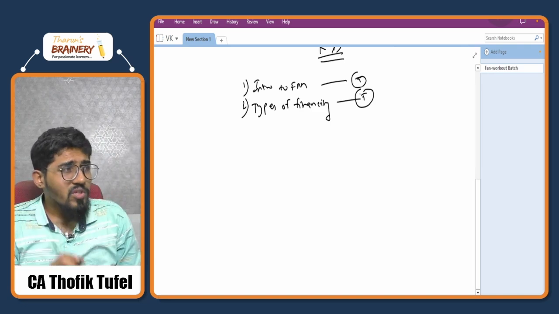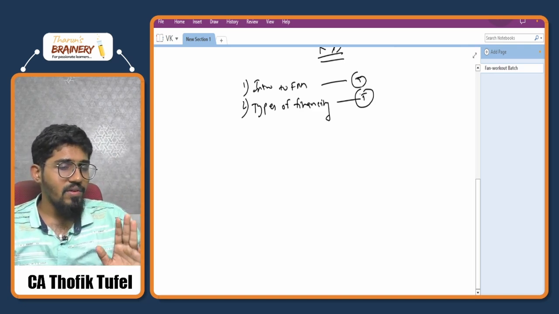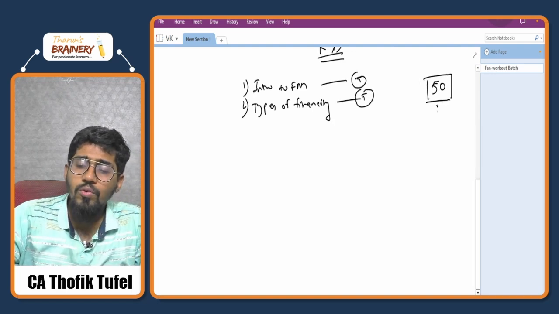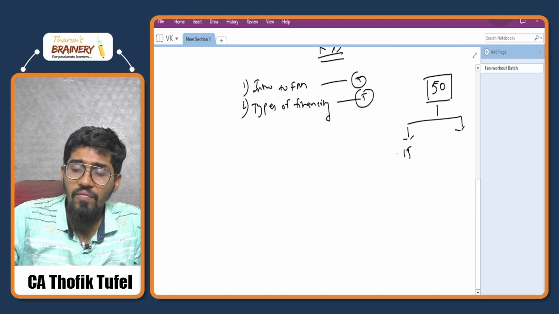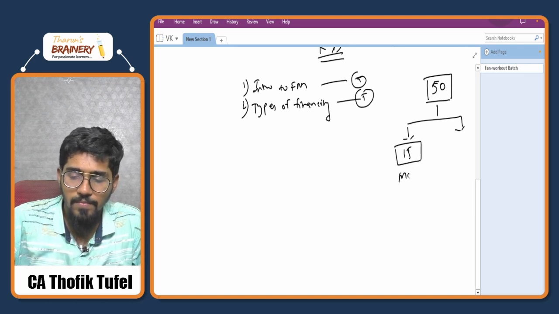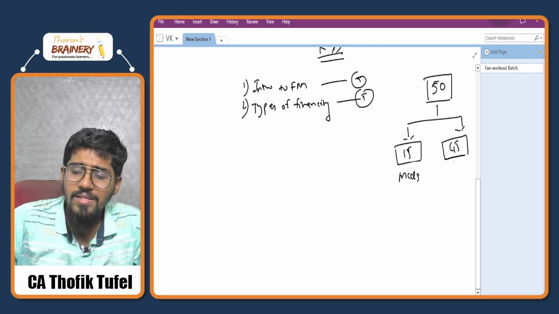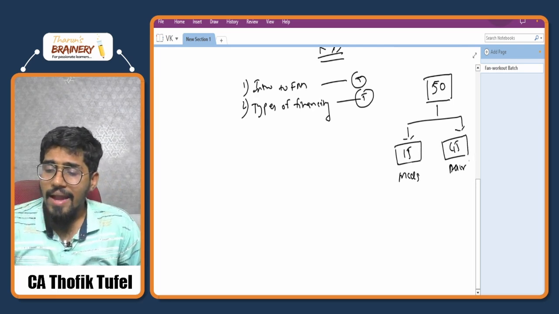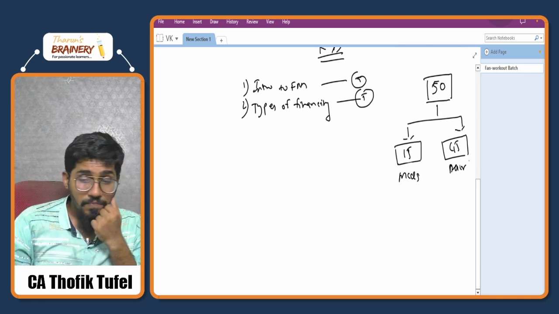As you all know, financial management is 50 marks, out of which 30%, which means 15 marks, is MCQs, and 45 marks will be descriptive.